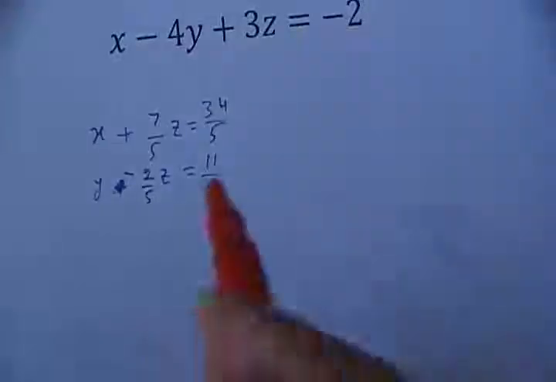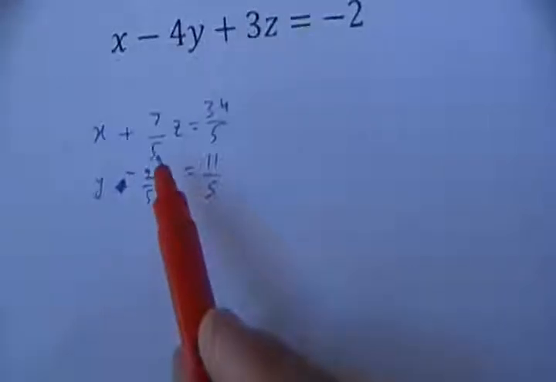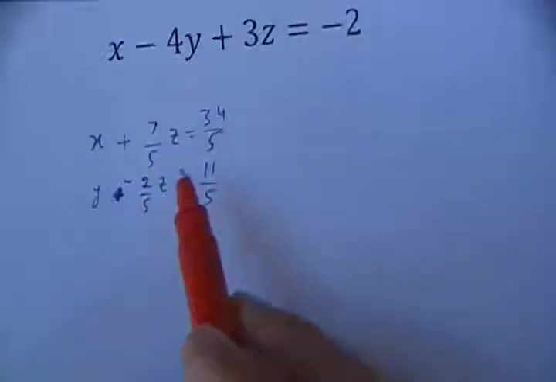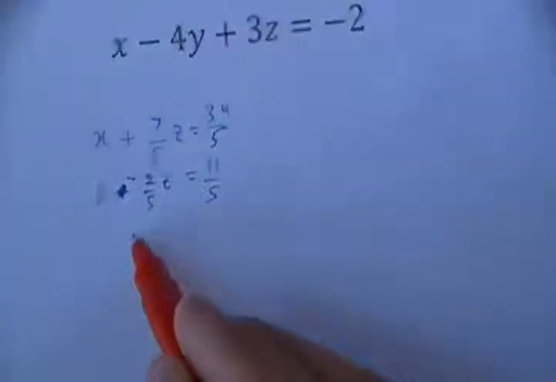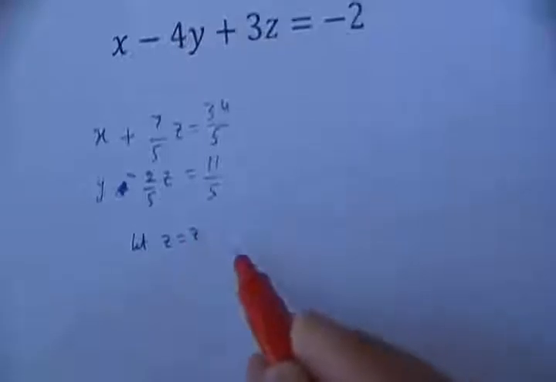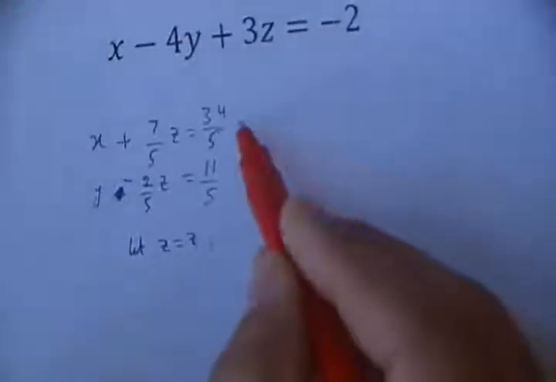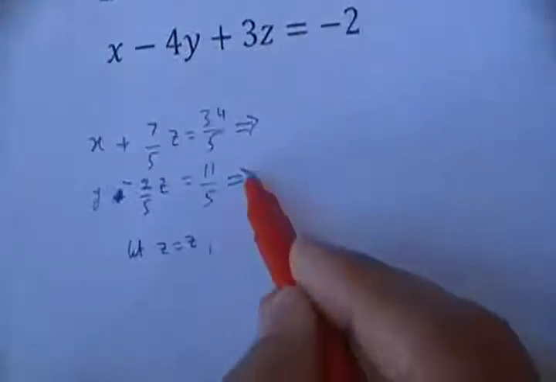Now you see that these are 2 equations with 3 variables. So in this case, for the last variable, we assume z is equal to itself, z, and then solve for x from the first equation and for y from the second.